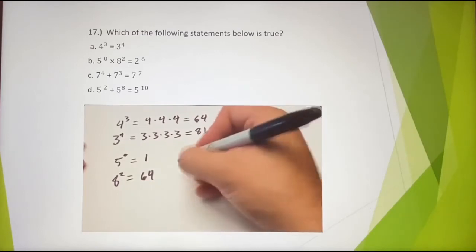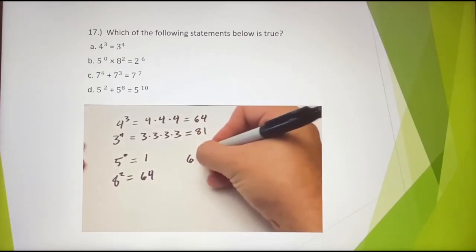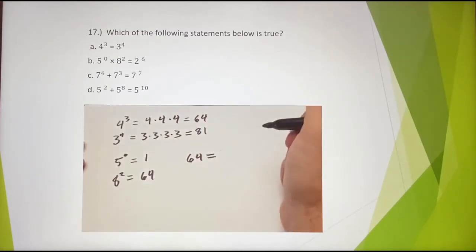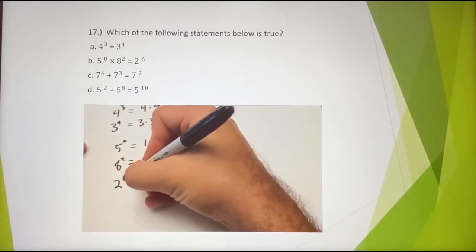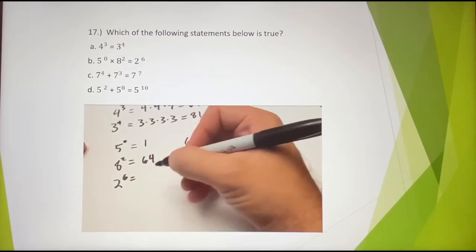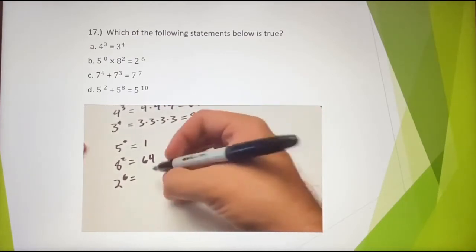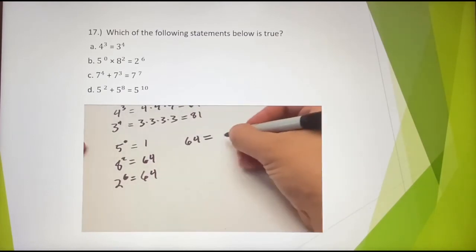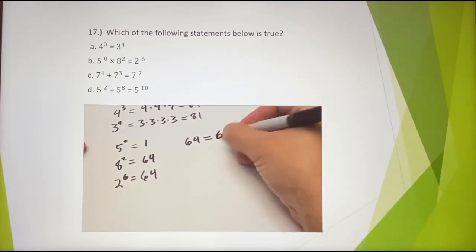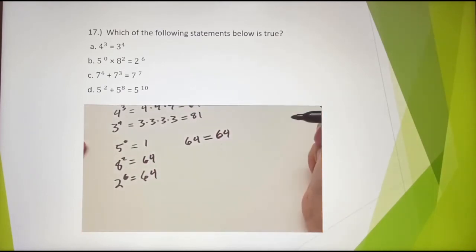So 1 times 64 is 64. So on my left-hand side, I have 64. And then we need to find out what is 2 raised to the 6th power. So 2 times 2 times 2 times 2 times 2 times 2, that is going to give us 64. So we do have a true statement in B.